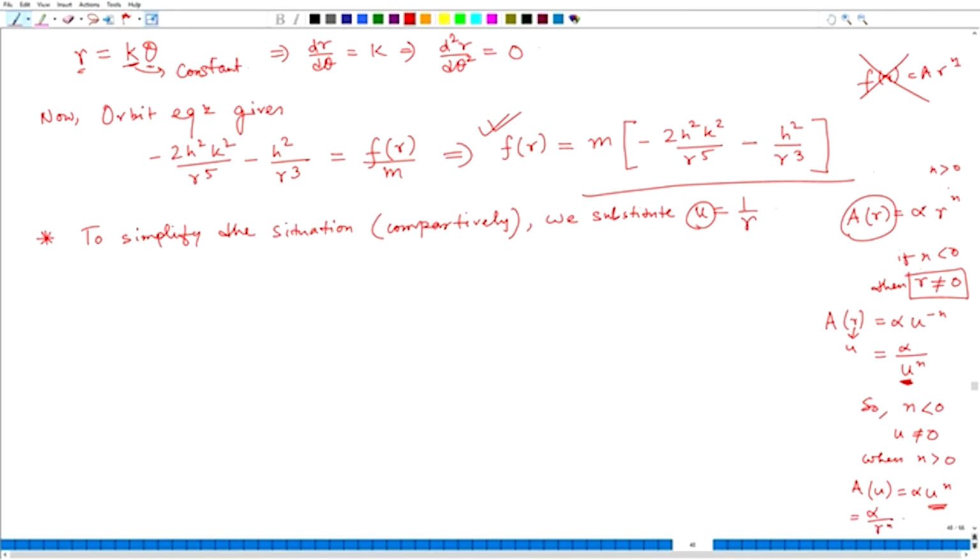So apparently there is a conflict, or how to say, a problem of consistency. That means that for n less than or equal to 0 you have to exclude the 0 point here, but here when n is less than or equal to 0, you actually have to exclude u equal to 0.